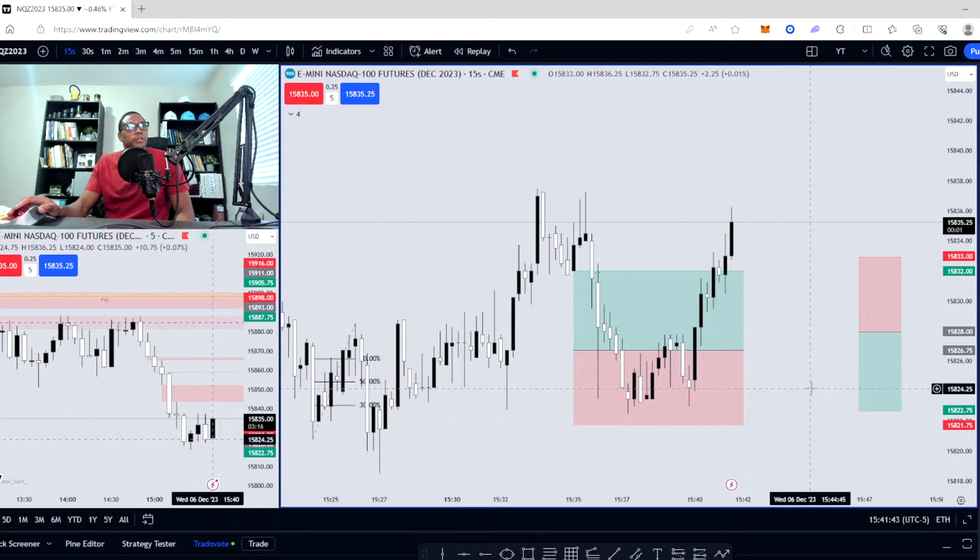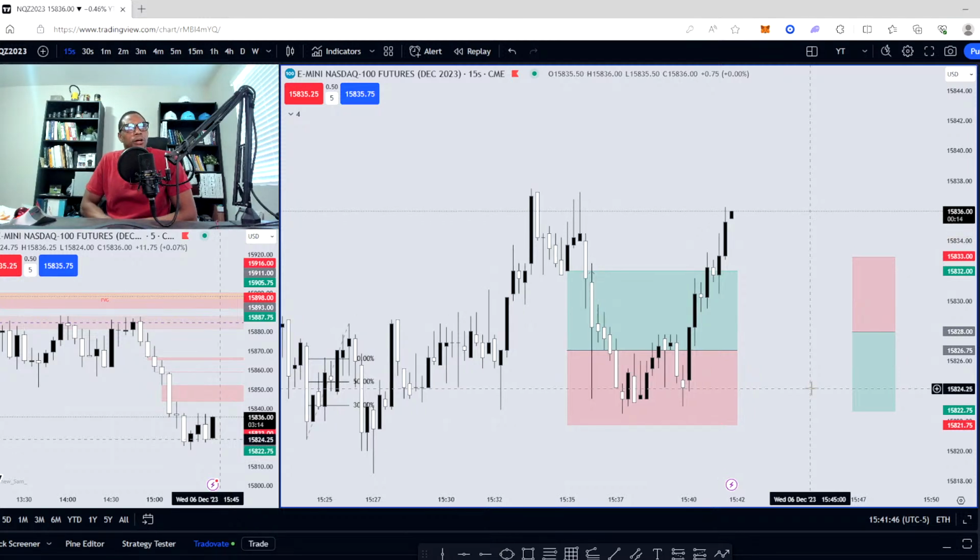But I did mention earlier that we were hitting a fair value gap on all the higher time frames, the weekly, the daily, the 4 hour down to the 1 hour. And so seeking higher prices or seeing some quick bullish reaction was something I was prepared for.